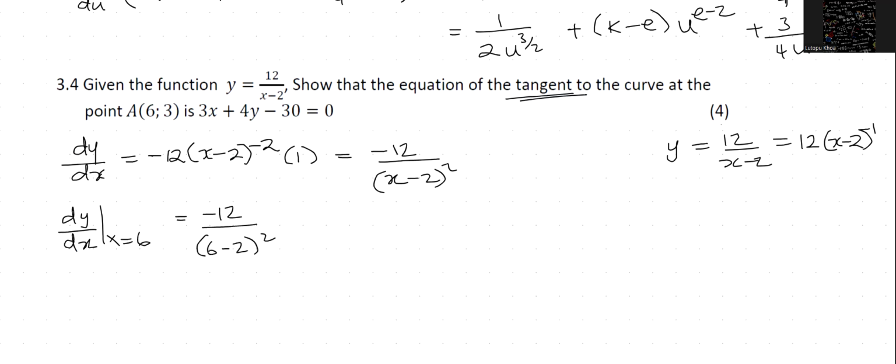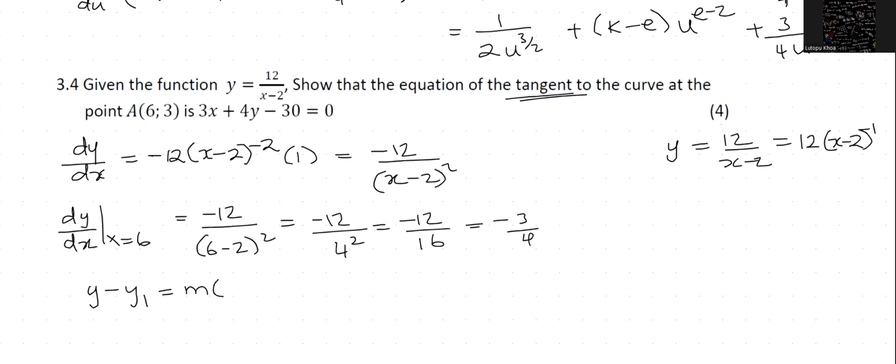This is minus 12 over 4 squared, which is minus 12 over 16, which is minus 3 over 4. Okay, so now I have the gradient. The formula we know is y minus y1 is equal to m(x minus x1). So this is my (x1, y1). I just substitute and show that I can write it in this form.